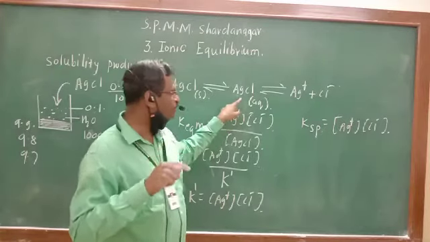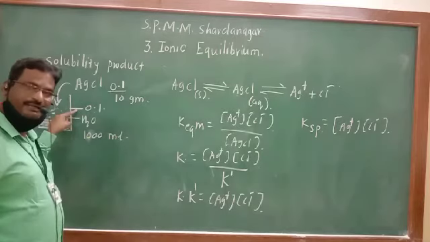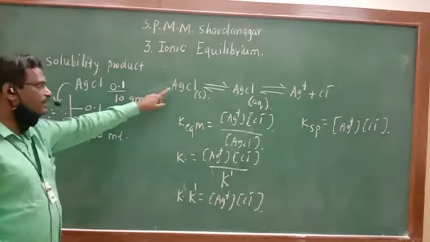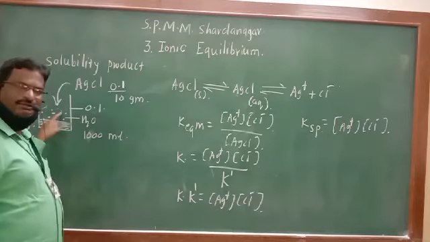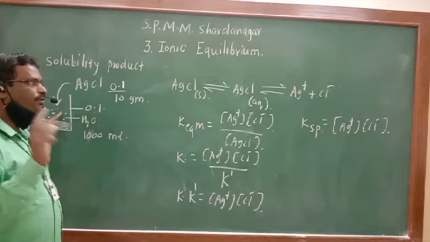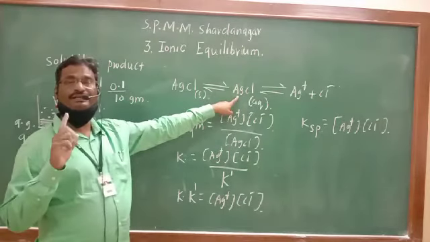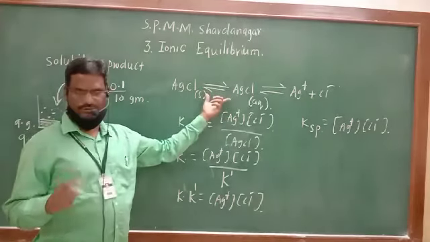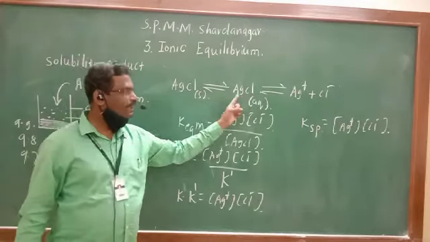Because if the 0.1 we have considered is taken out, whatever AgCl in solid state is there enters into the liquid state. Therefore, concentration of AgCl in liquid state always remains constant, and there is equilibrium between these two phases, solid and liquid.